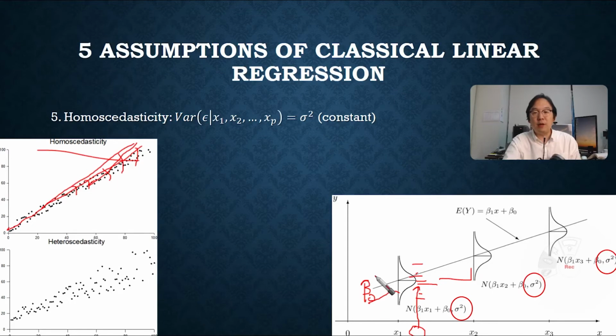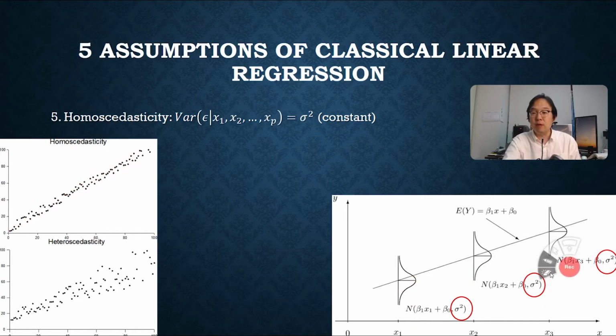The picture over here on the right-hand side is much more precise in that sense. Let me erase this part. And then you see at each given point of x1 value, you throw a perpendicular line and you estimate the distribution of your residuals, right? Then what should you see? The variance of this should be the same.